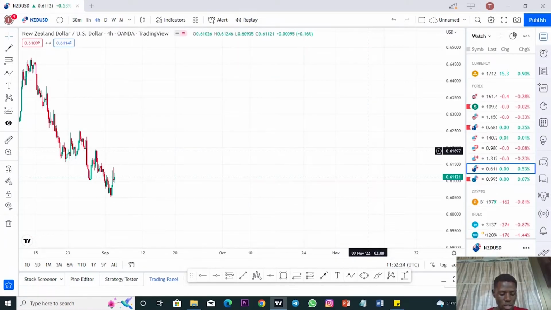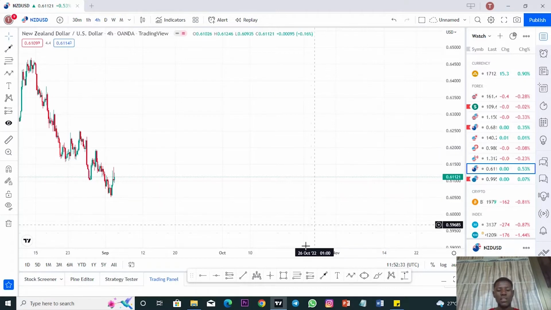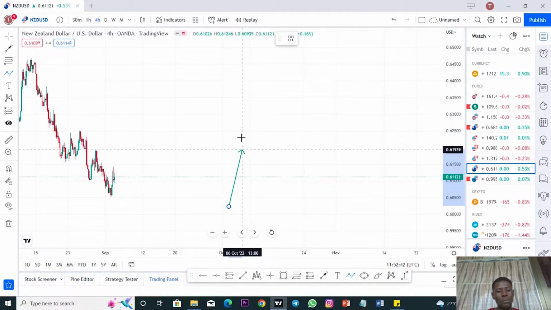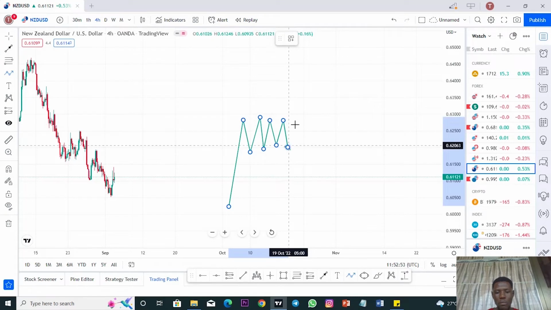So guys, another most important continuation pattern is called the symmetrical triangle, and this is how the symmetrical triangle looks. When price pushes impulsively from a lower low to a certain level in the market, price starts to consolidate in this form before a spike to the upside.